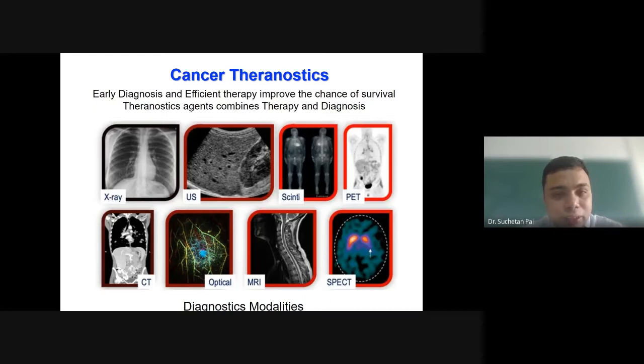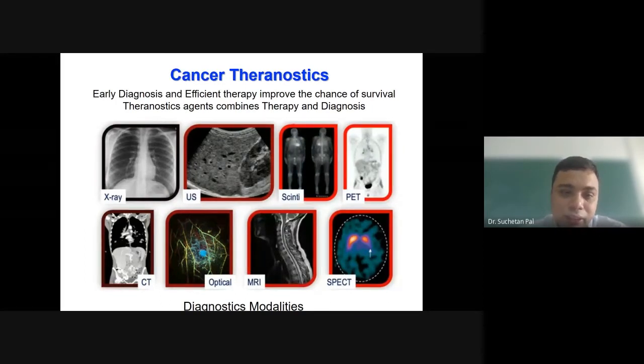That is not true for other aggressive diseases. For example, you cannot really cure diabetes or heart disease. So early diagnosis and good therapy are very important, so that the chances of survival improve.